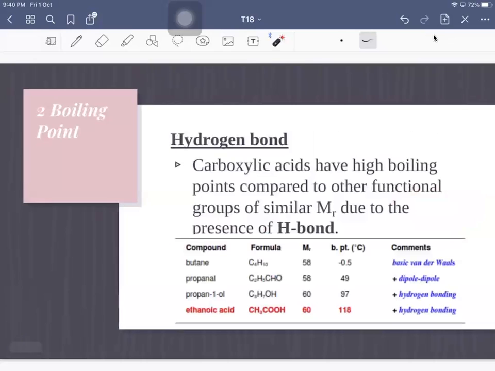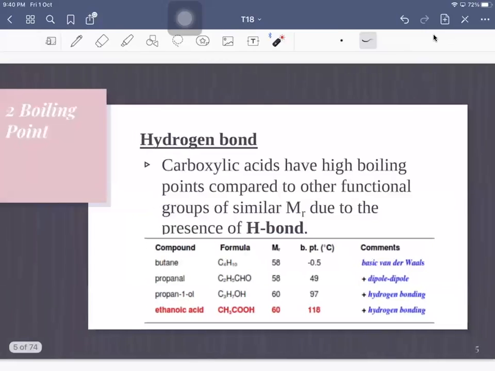On top of the ID force that is present in the carboxylic acid, there is also the presence of hydrogen bond, for obvious reason, because of the COOH. Hydrogen bond is when you have a hydrogen that is directly attached to either F, O, or N. In this case, we have the OH of the COOH, just like your alcohol.